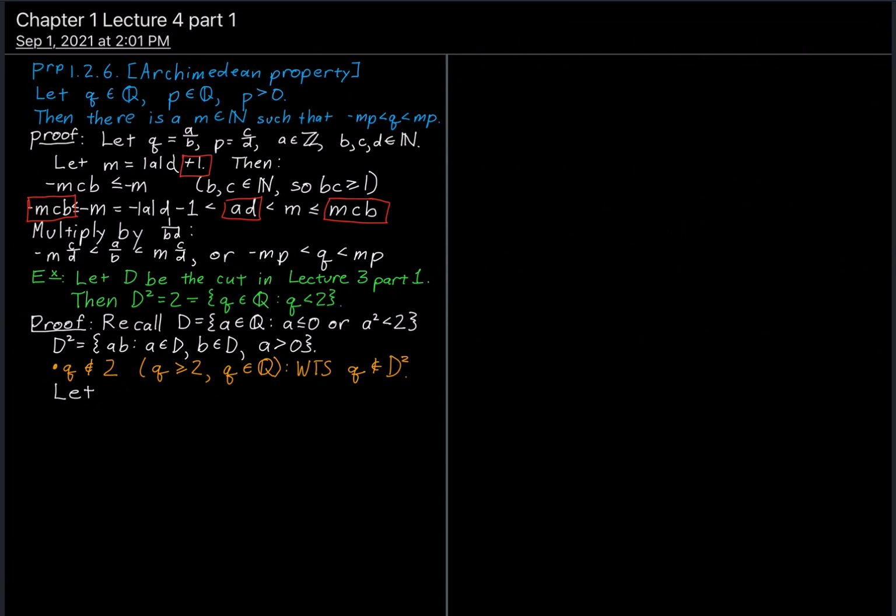Well, D squared is all these ABs, so let A, B be rational numbers in D. A is greater than 0, so A squared is strictly less than 2.